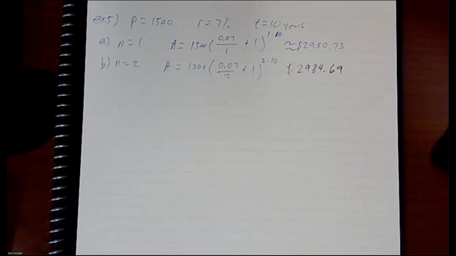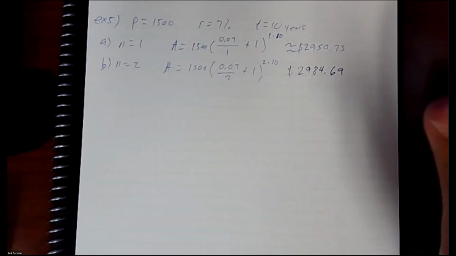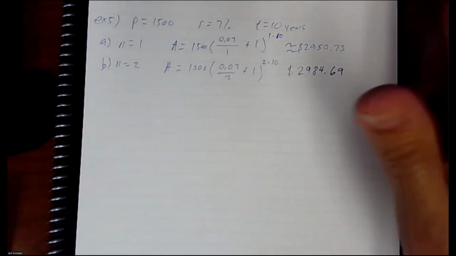Okay. So just keep going down and changing the compounding. As you can see, the more you compound, the more money you'll have. So compounding and time will have the biggest effect here. That's why they say you should start investing as early as possible for retirement, because the time variable will have the biggest impact on growth.